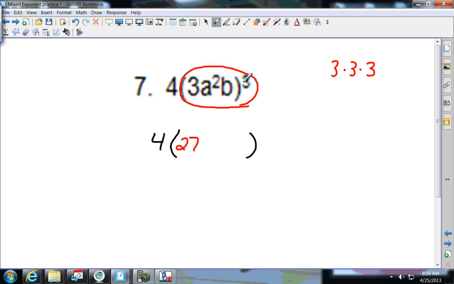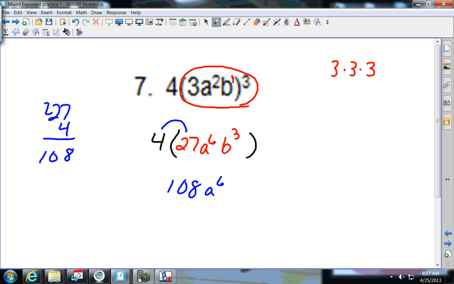A to the second power to the third power. So 2 times 3 is 6. So this becomes a to the sixth. B has an exponent of 1. 1 times 3 is 3. B to the third power. Now you just multiply the 4 and the 27. Let's see. 27 times 4, 8, 2, 108. 108 a to the sixth b to the third.